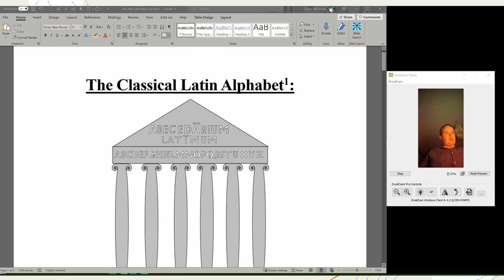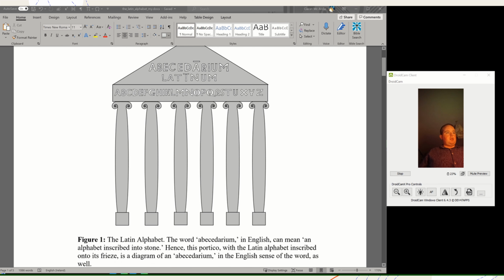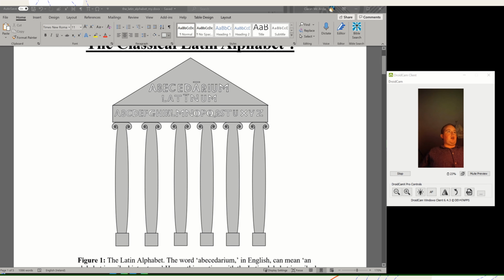We can see here a graphic that I drew in Inkscape, and it is a classical portico, and inscribed upon it is Abecedarium Latinum, and that simply means the Latin alphabet. And here we can see the Latin alphabet.